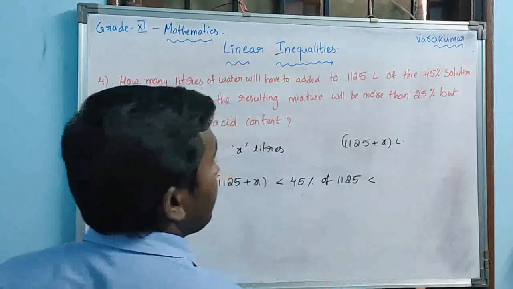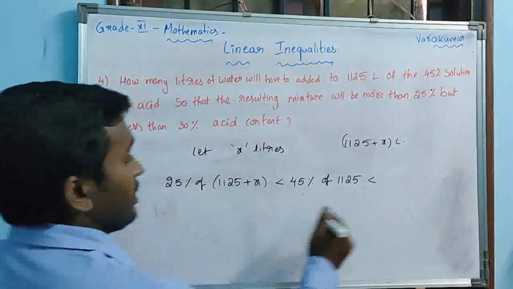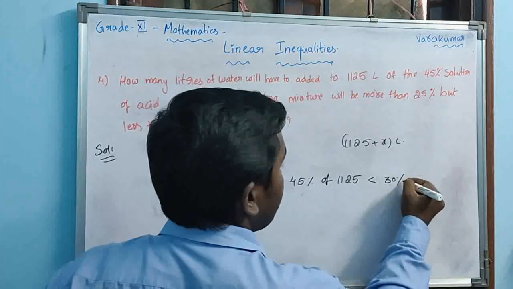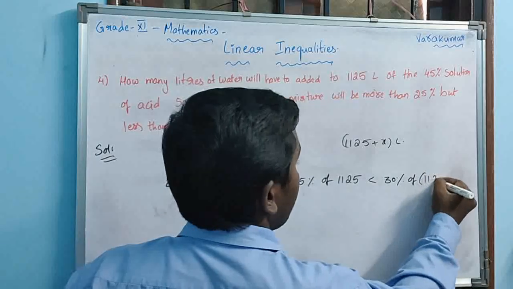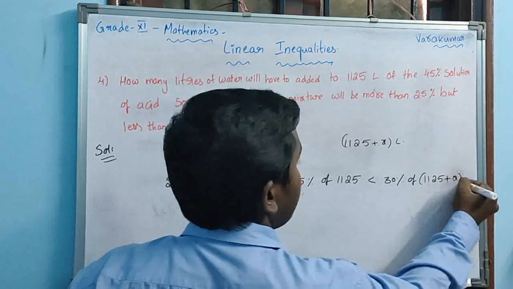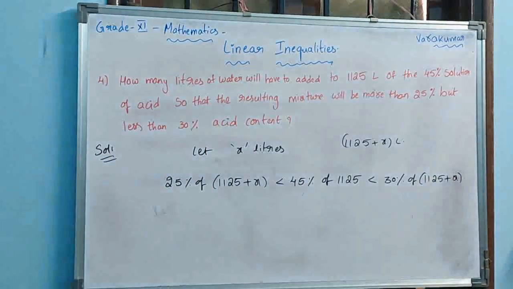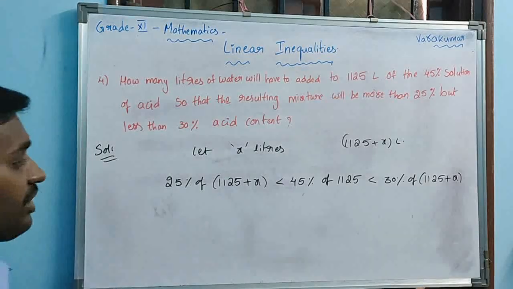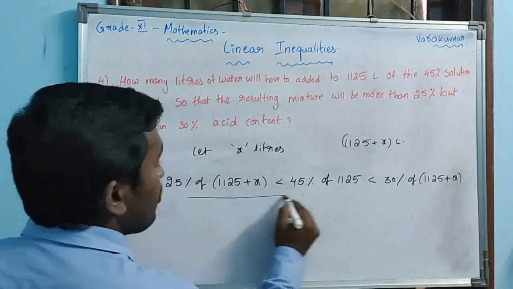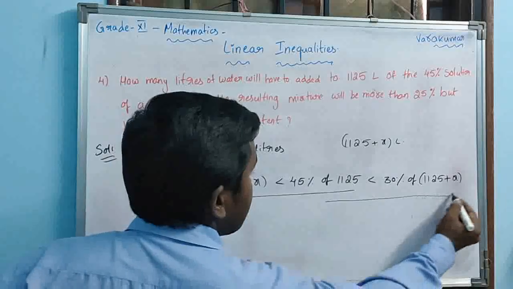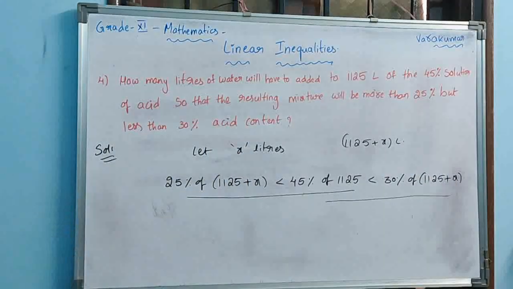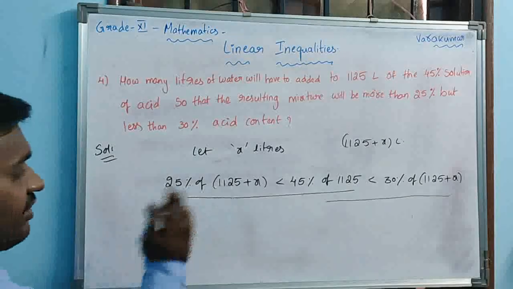And another range is given, less than 30%. So 30% of (1125 plus x). Now we have to simplify. I can take the first combination then the second combination, or do both at a stretch. Conveniently, I am going to take the first part.